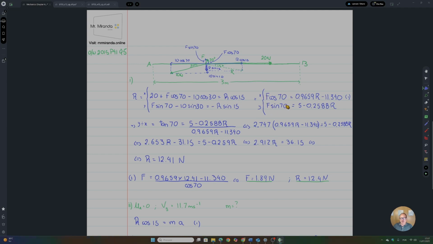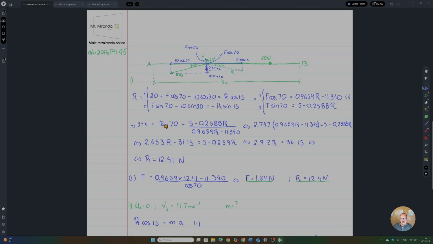And now what can I do? When this happens, there is one trick you can do. You can divide one by the other, and you therefore eliminate, in this case, F. If I divide the bottom one by the top one, in other words, if I divide the y component by the x component, I will have F sine of 70 divided by F cosine of 70.